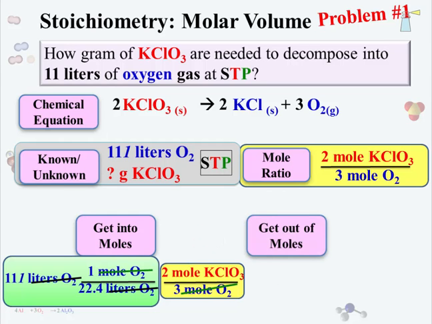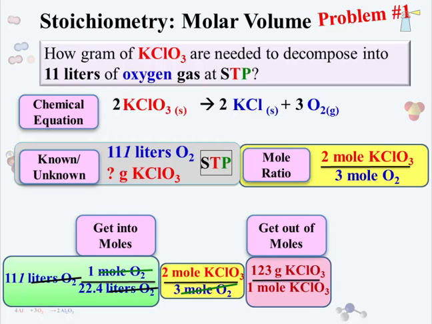Step 5 is getting out of moles of potassium chlorate into grams of potassium chlorate, as asked for in the problem. What conversion factor turns moles of a substance into grams of that substance? It is the formula weight of the substance, and given here is 123 grams of potassium chlorate in 1 mole of potassium chlorate.